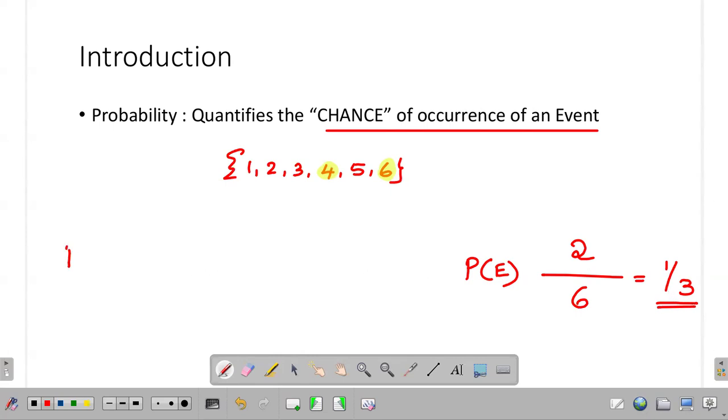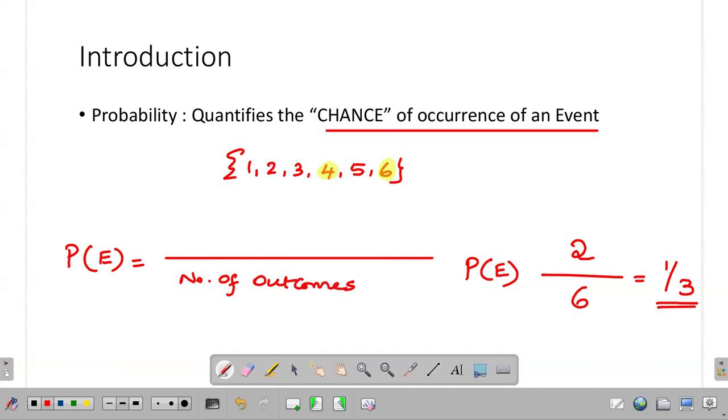So I can now define probability for a particular event E. It is quantifying the chance of occurrence of that event E. So for the probability of an event E, if I want to calculate, in the denominator I should consider the total number of outcomes.